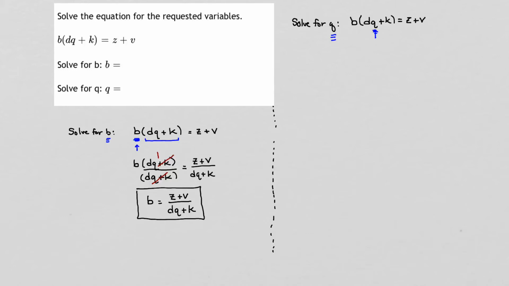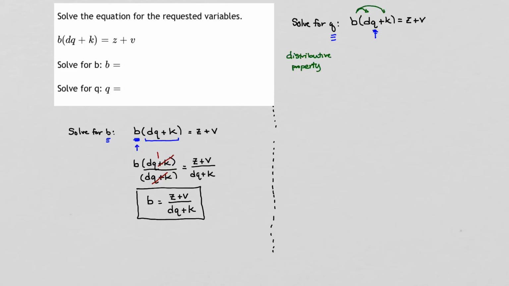So the first step in this process to find this formula solved for Q is to actually use the distributive property. So let me just write that down. If I use the distributive property, that will help me get Q out of the parentheses. So let's apply the distributive property.